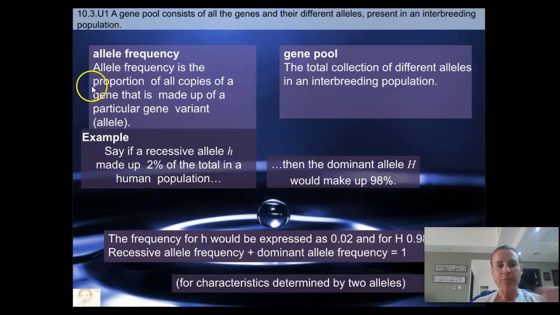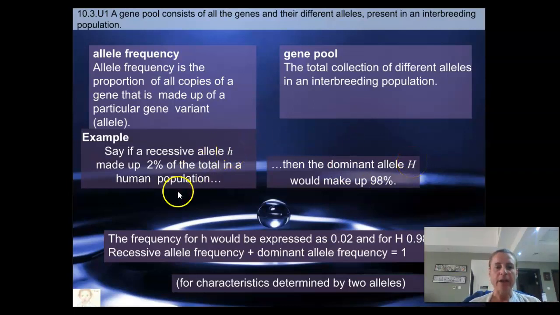For example, if a recessive allele made up 2% of the total number of alleles in a population, then the dominant allele, the capital letter, would make 98%. Think of that in terms of blue eyes and brown eyes. I don't know what the figures could be, but if 75% of people had a dominant allele, then 25% of people would have the recessive allele.